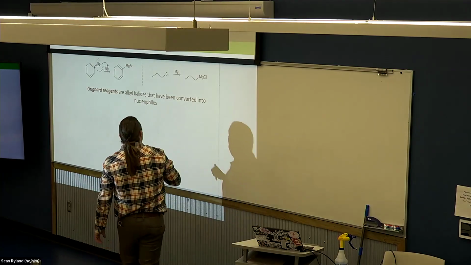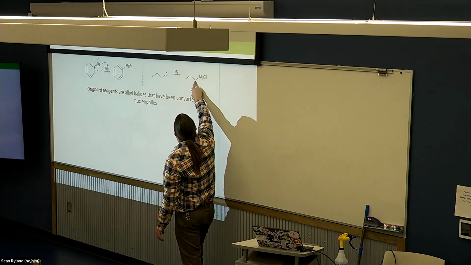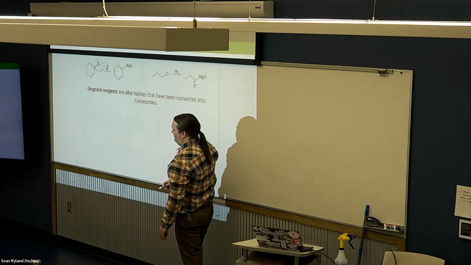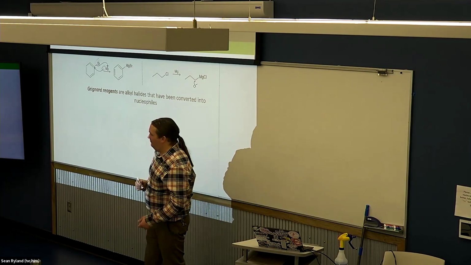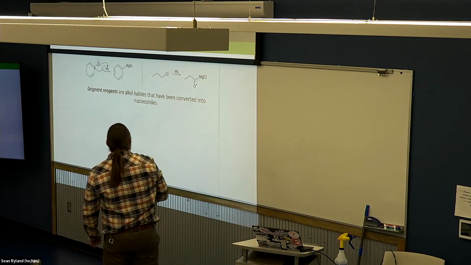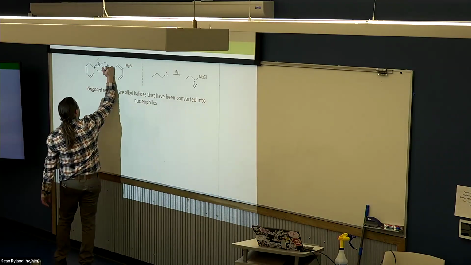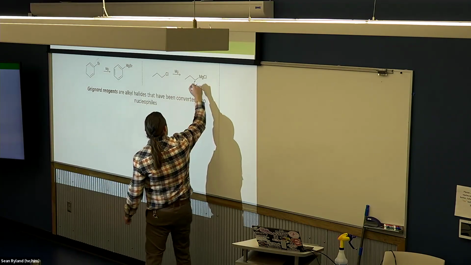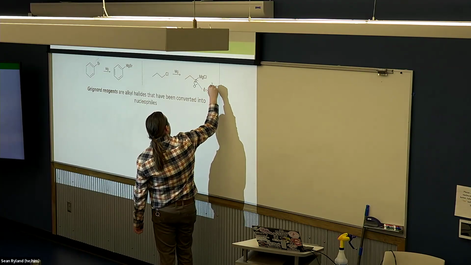The main gist though that we get from this is that now this carbon is a partial negative. This is the first time we've seen carbon be a partial negative, because it's the first time we've seen carbon make a covalent bond with metal. And so the result of that is that this carbon is now a nucleophile.